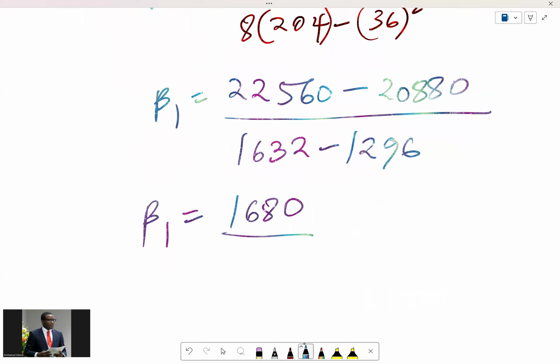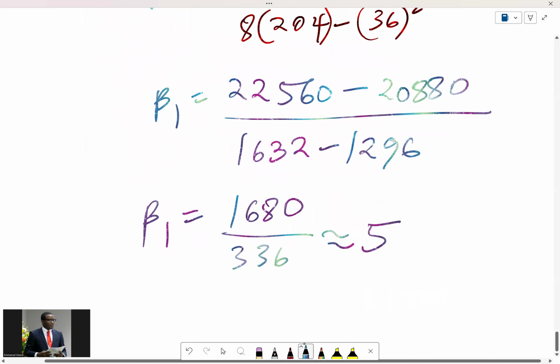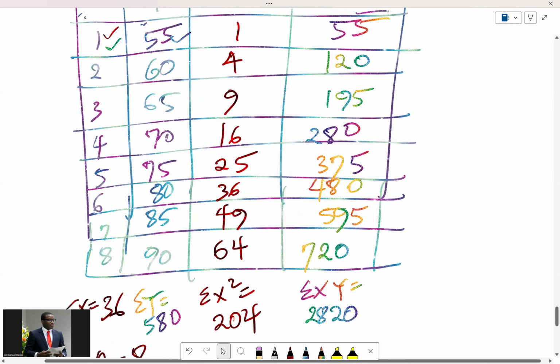That is 336. So that'll be approximately 1680 divided by 336, and that is equal to, interestingly, 5. In fact, it's not an approximation, it's just 5. Lovely. So we have B1.